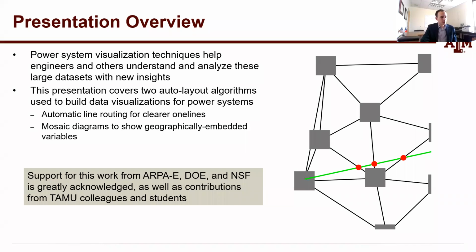A big part of that is connecting the data sets, the grids, and the simulations with the humans that are associated with them, whether that's mainly engineers that are planning and operating the grid, as well as operators, technicians, and also communicating information about the grid to the public or to stakeholders in other areas, non-subject matter experts.